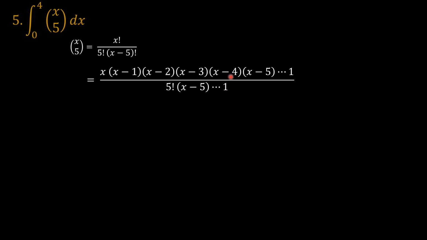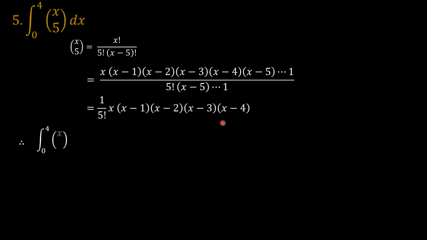So you realize that the x minus 5 all the way to 1 here cancel with what we have in the numerator, and so we are left with 1 over 5 factorial times x times x minus 1 times x minus 2 times x minus 3 times x minus 4.